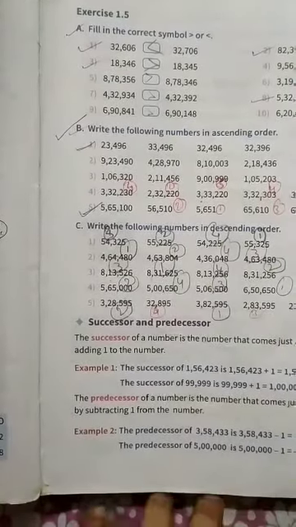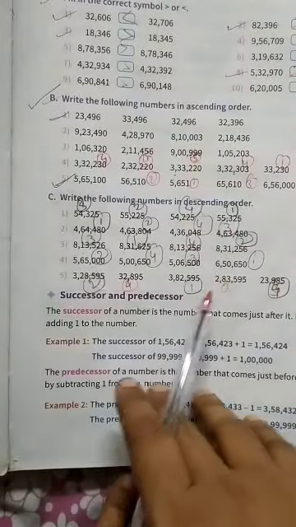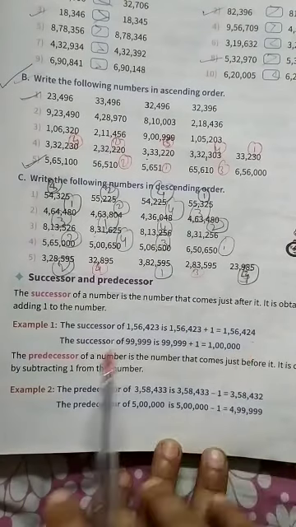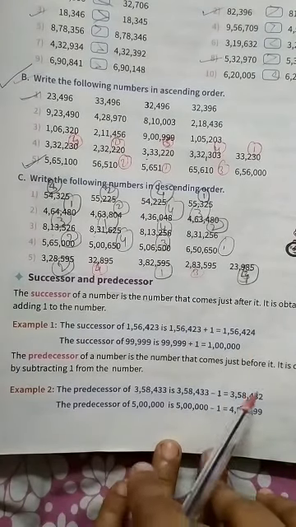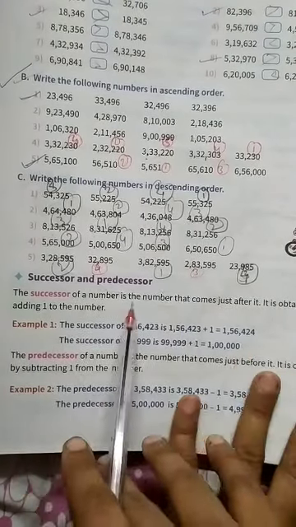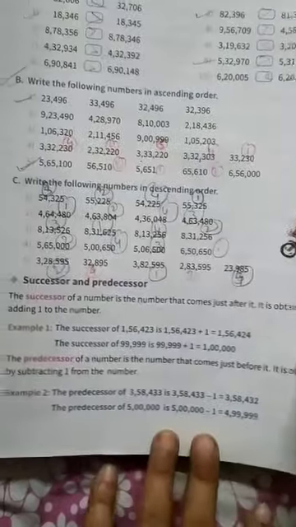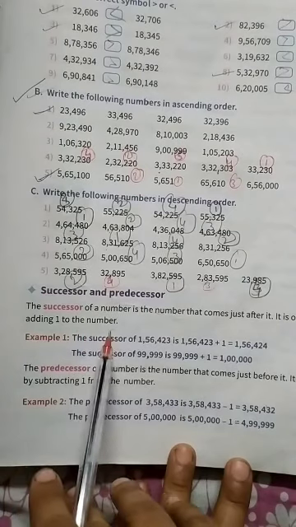Now the next point is successor and predecessor. Successor means +1, and predecessor means -1. The successor of a number is the number that comes just after it, obtained by adding 1 to the number.